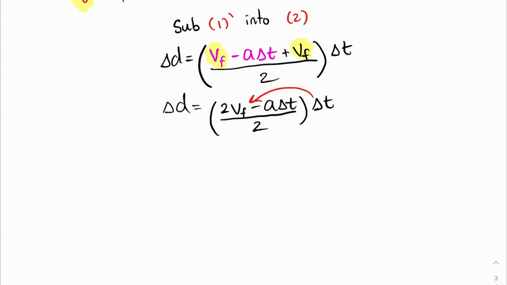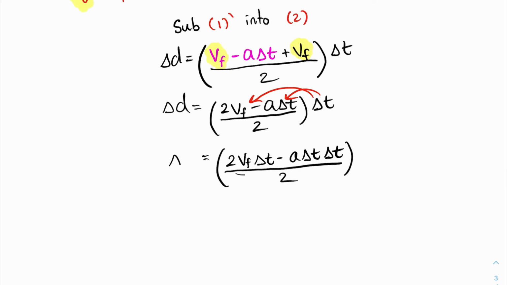Let's do reverse expansion. It's not really called reverse expansion, this is still expansion. 2V final delta T minus A delta T all over 2.